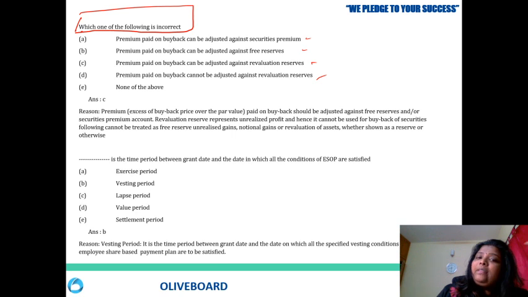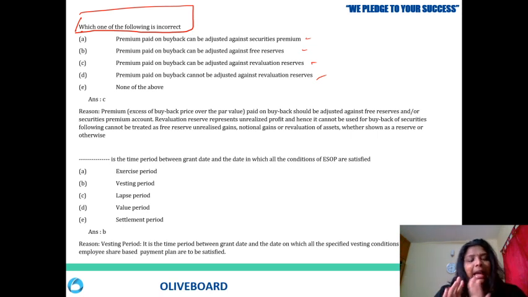Guys, understand, you have to read the concept and understand the concept very well, then only you can say which is incorrect. Only if you know which is correct, then you can say this is correct and that is not correct. So this will give you very much clarity on the concept. Unless you are very good in the concept, you cannot answer these type of questions.